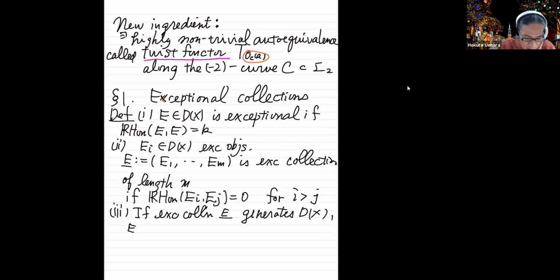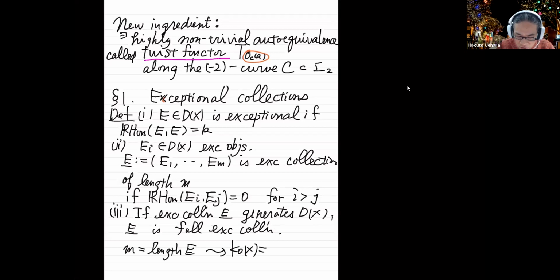Then E-bar is called a full exceptional collection. And in this case, if m is the length of E-bar, we can see that the Grothendieck group K_0 is generated by these E_i, namely the span of E_i, i from 1 to m. So abstractly, it is just a free abelian group of rank m.